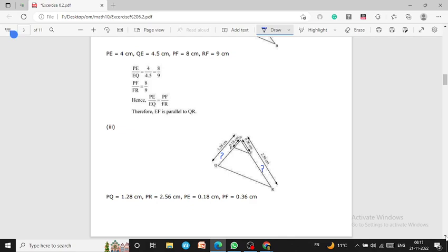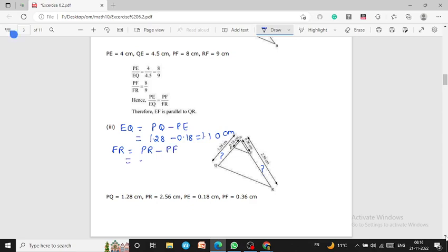For finding EQ, we write EQ is equal to PQ minus PE, 1.28 minus 0.18. We get 1.10 centimeter.